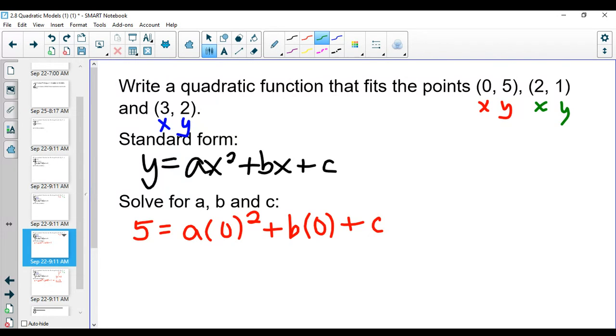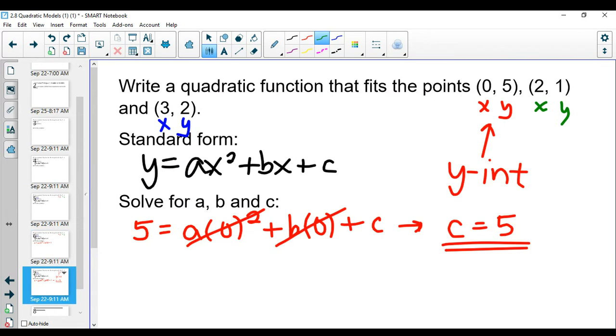So I haven't touched A, B, and C. All I've done is replace the y with 5 and the 2 x's with 0. Now, if you have a bunch of stuff multiplied by 0, those terms are going to end up canceling. Since those go away, we're left with 5 equals c, or c is equal to 5.